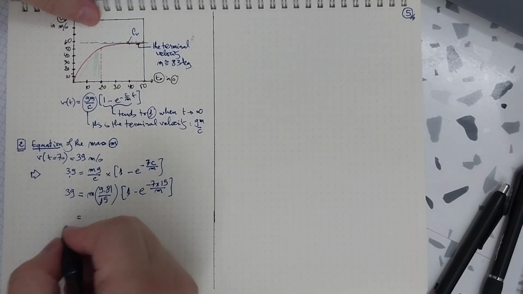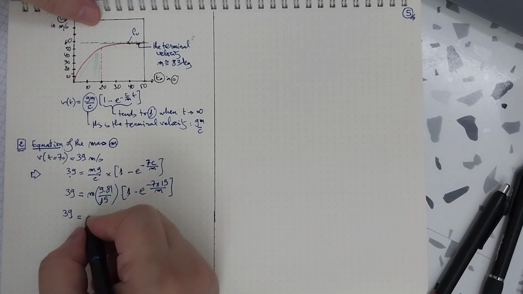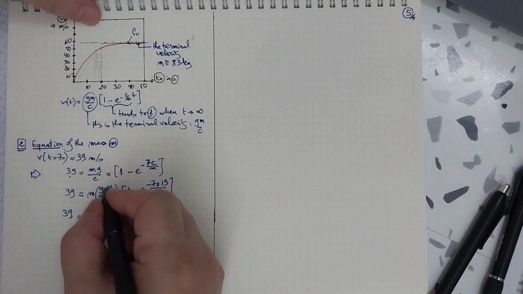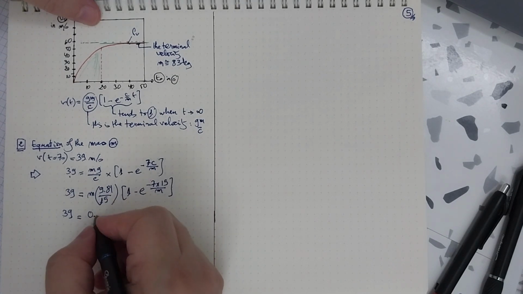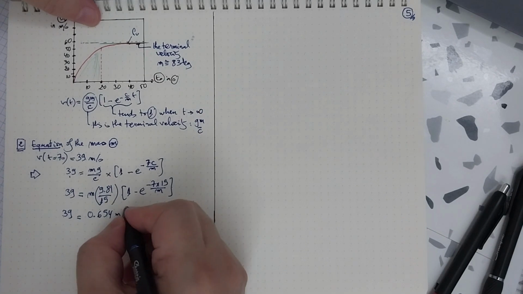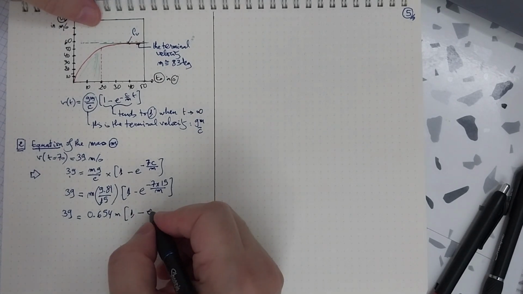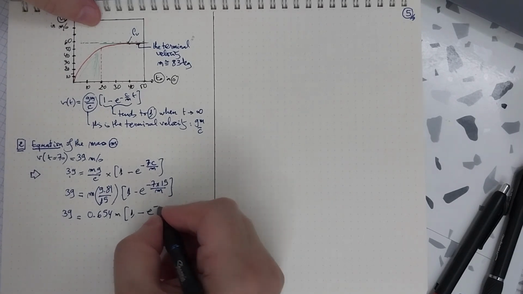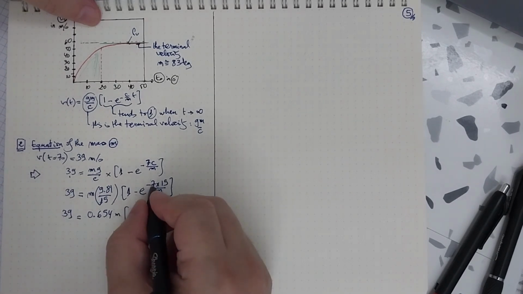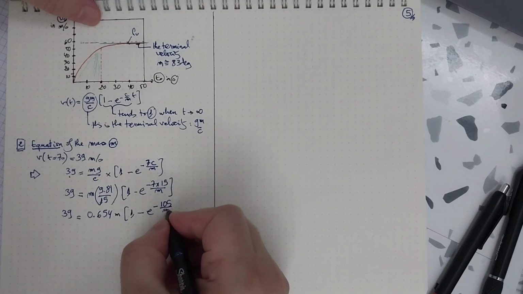And this gives us 39 equals 0.654 m times 1 minus e to the minus 105, multiply 7 by 15, over m.